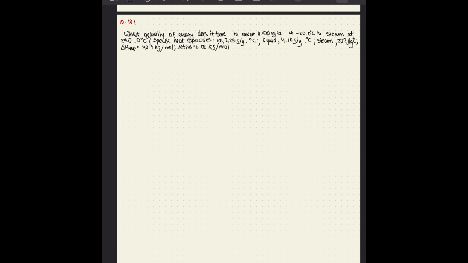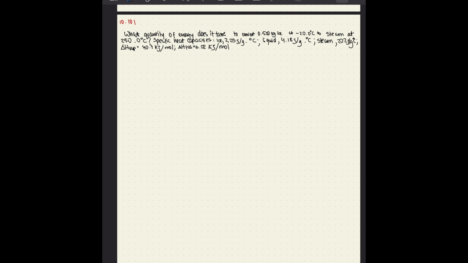Okay, so next problem. What quantity of energy does it take to convert 0.500 kilograms of ice at -20 Celsius to steam at 250 degrees Celsius? Specific heat capacity: ice 2.03 joules per gram Celsius, liquid 4.18 joules per gram Celsius, steam 2.02 joules per gram Celsius.